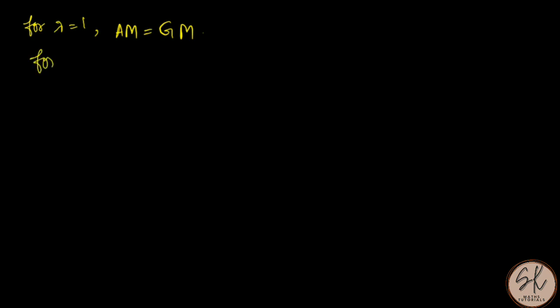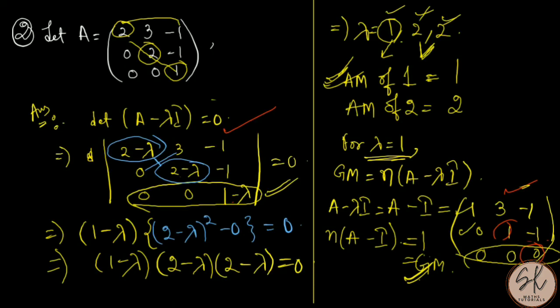Now let us see what GM we get for lambda equals 2. Lambda is repeated 2 times, so its algebraic multiplicity is 2. Now let us find its geometric multiplicity.